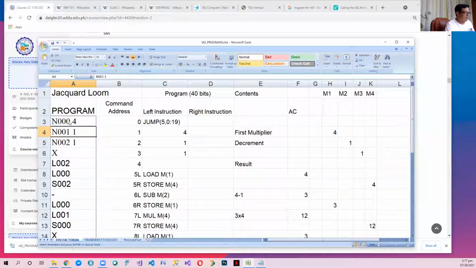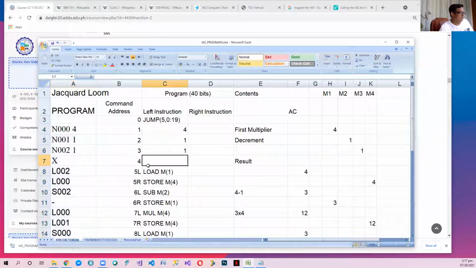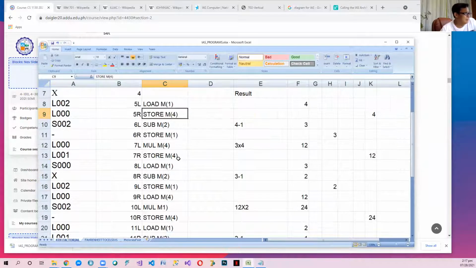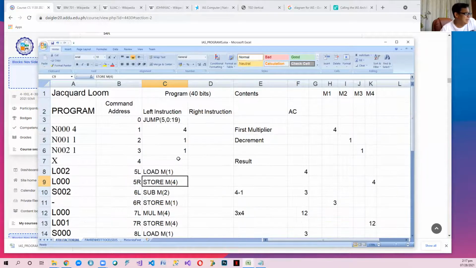Okay? You follow? And then, this is the load. Same thing. Do you follow? Okay, they're almost the same, right? Yeah, they resemble one another, and it looks like the IAS program is much shorter.